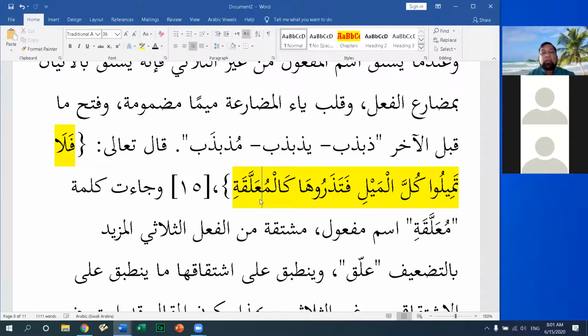I hung a picture or whatever it is on the wall. فأنا معلق. I'm the one doing the hanging. وصورته المعلقة. And the picture is the thing that I hung. And in this ayah, الرجل هو المعلق and المرأة المعلقة زوجته, and the action is تعليق. علقها تعليقا.